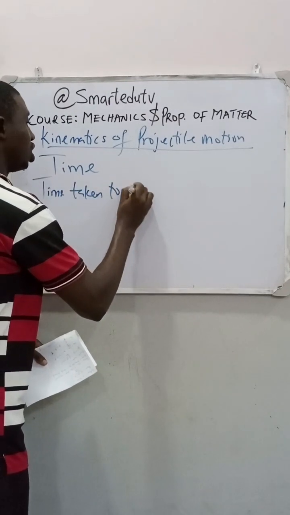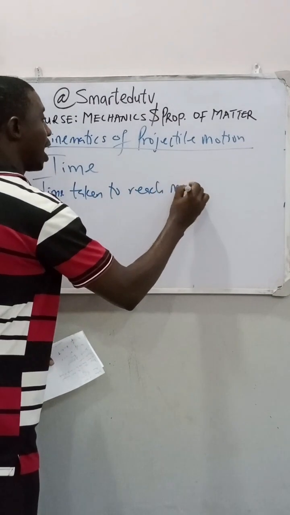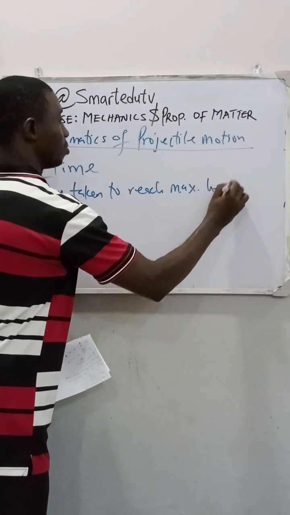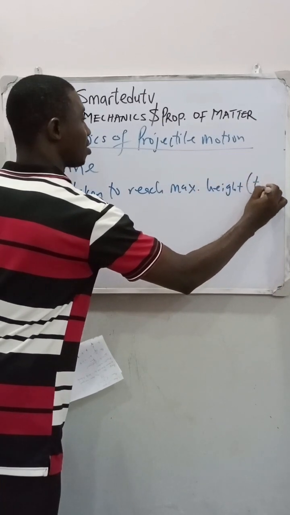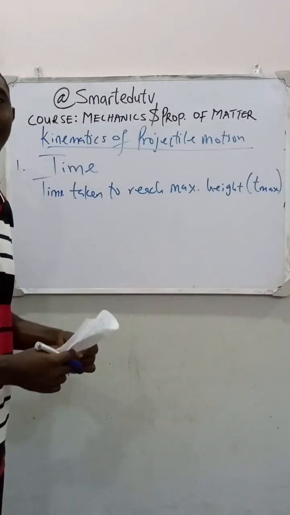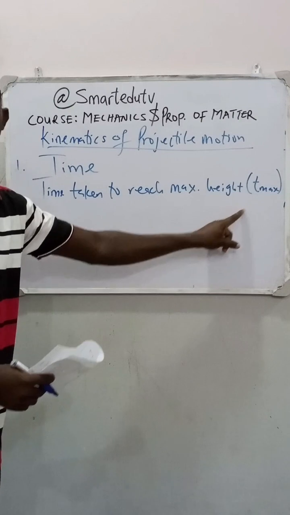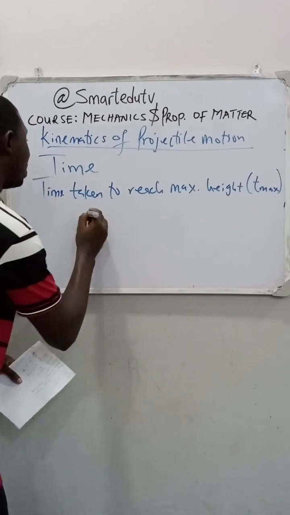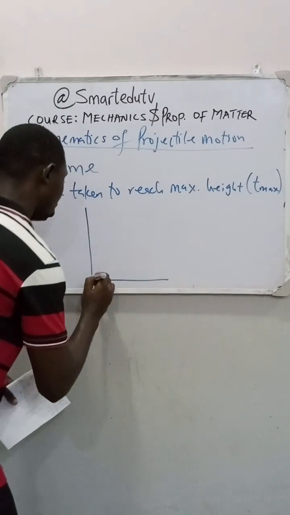Time taken to reach maximum height, T max. What happens to the time it takes that object to reach maximum height? For us to understand this, let's go back to our projectile motion.